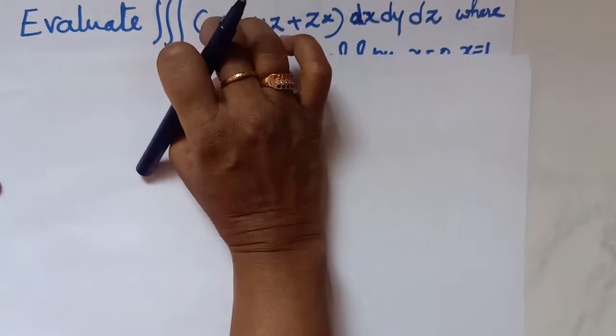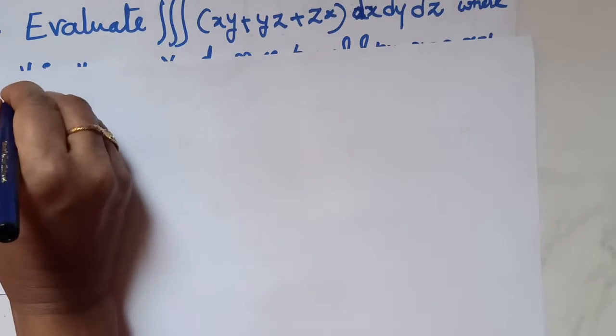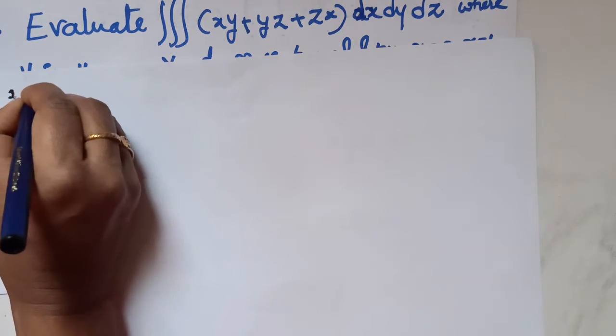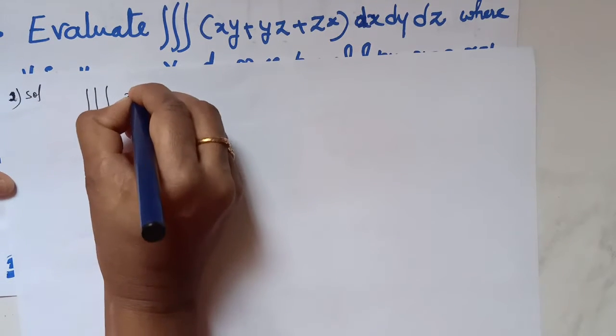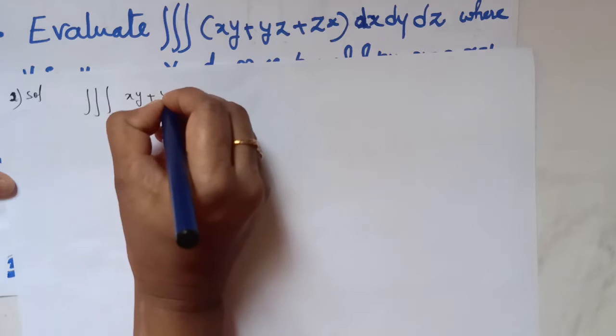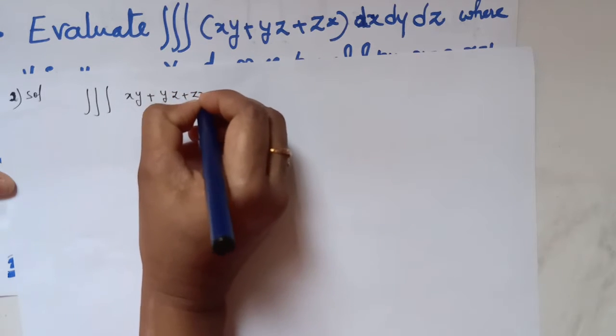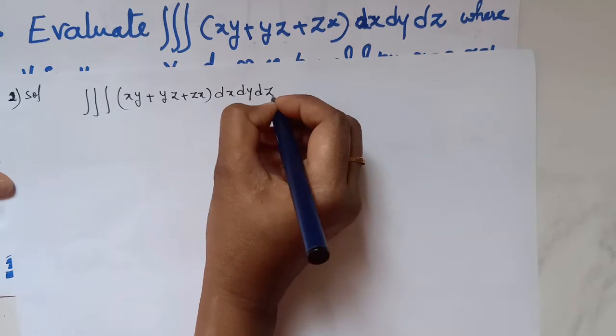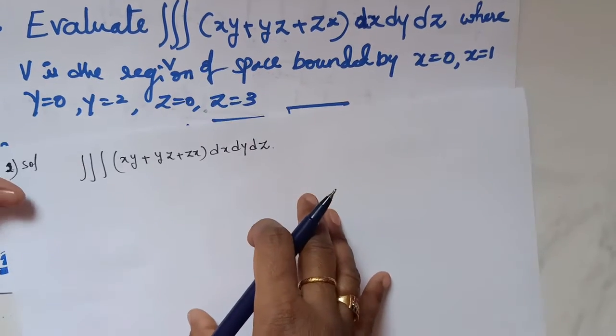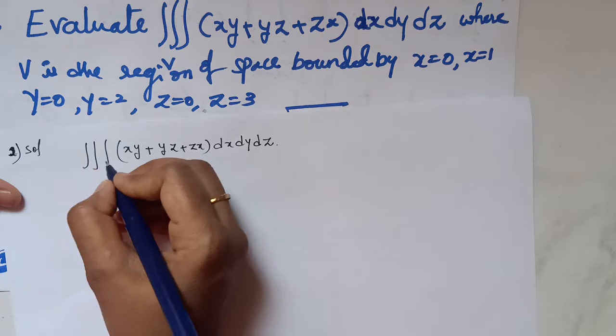First one, evaluate the triple integral of xy plus yz plus zx dx dy dz. Here V is the region you have to integrate along.